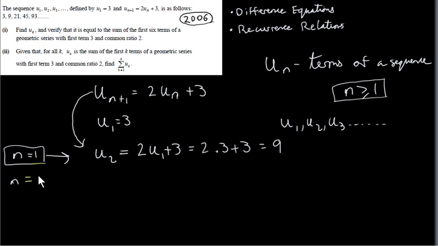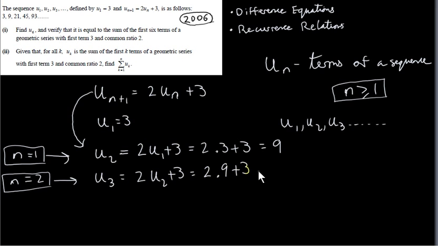If we want to find u3, we let n equal 2. So we get u3 equals 2 times u2 plus 3, which is 2 times 9 plus 3, which is 18 plus 3, which is 21.